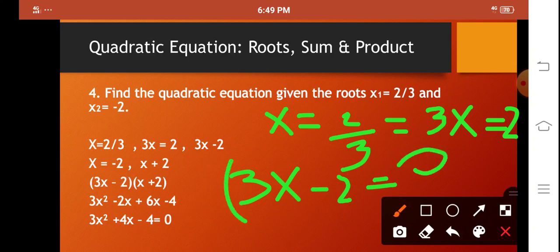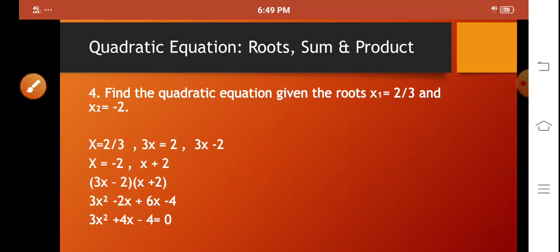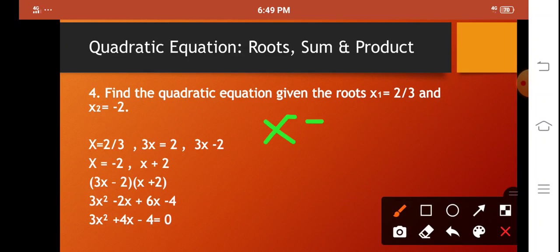So we get one factor, this one here. So we have to equate x is equal to -2. If we are going to equate it into 0, we get x plus 2.